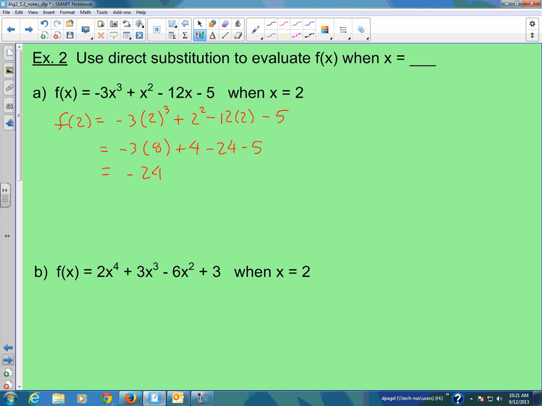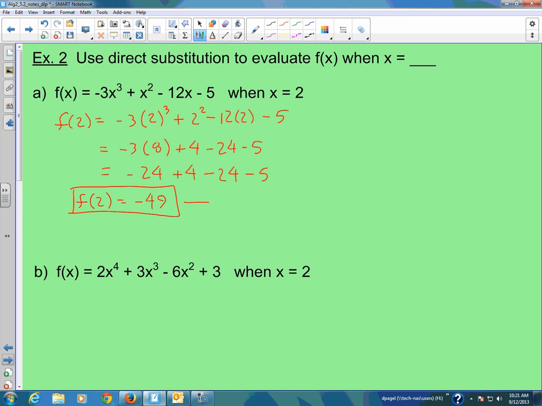So simplifying all this stuff out, -24 plus 4 is -20. -20 minus 24, -44. -44 minus 5. Direct substitution solutions: f of 2 equals -49.